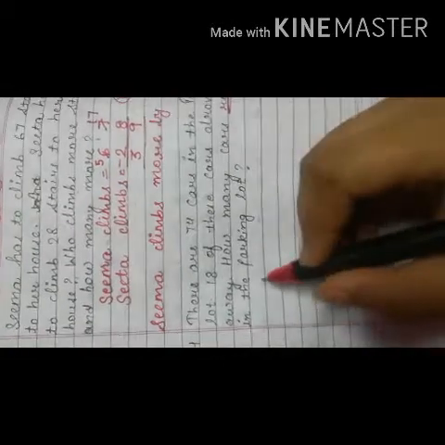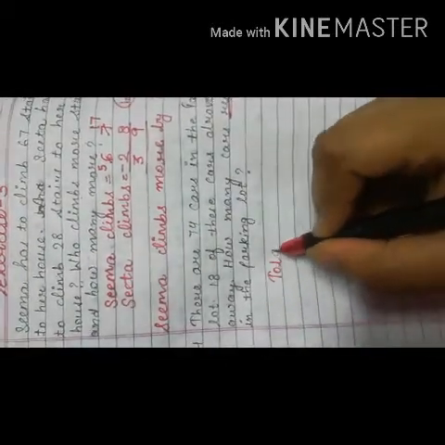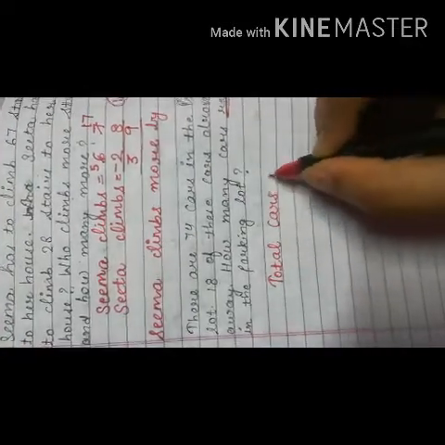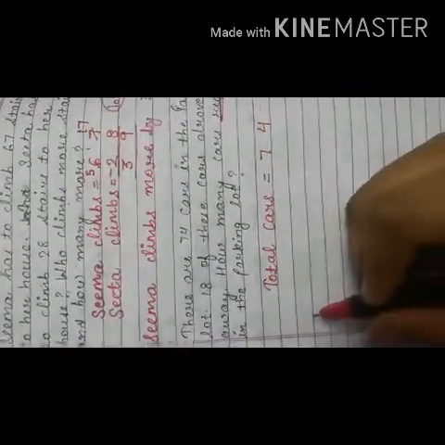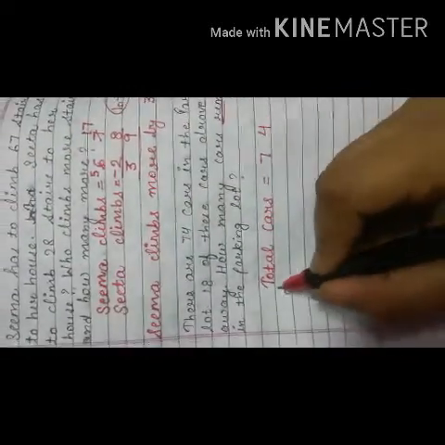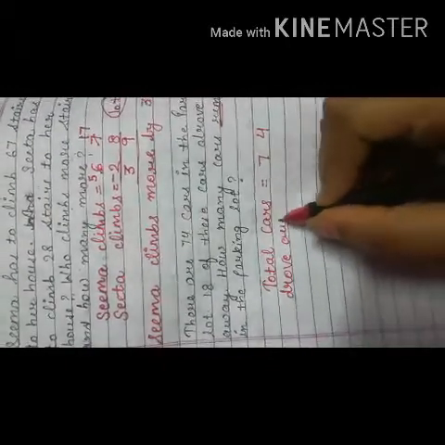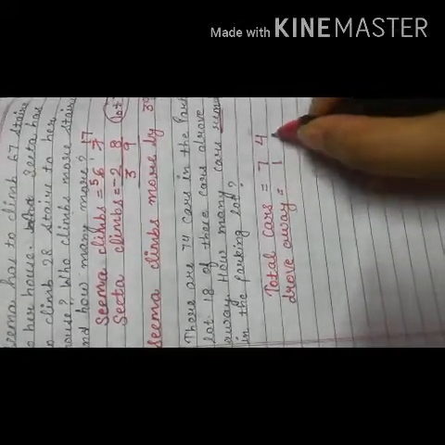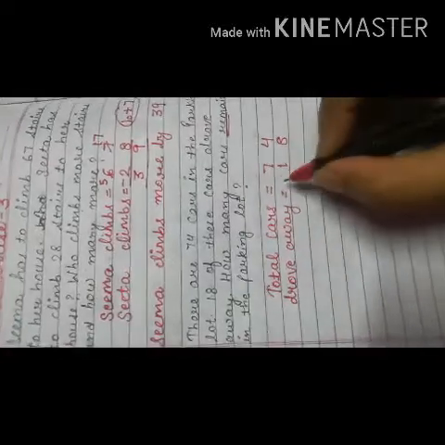So just write down total cars. Means there were a total of 74 cars, out of which 18 cars drove away. Now how many cars remain in the parking lot?